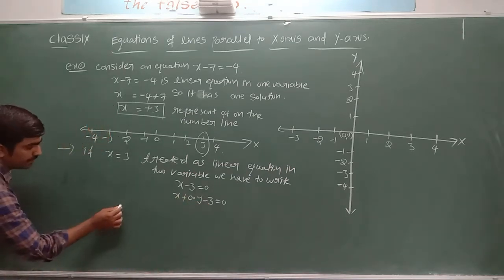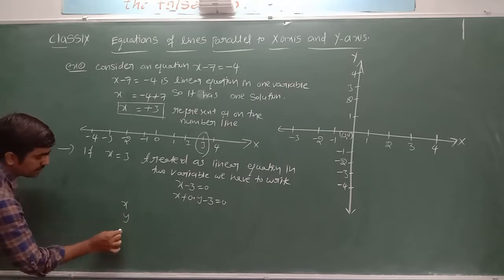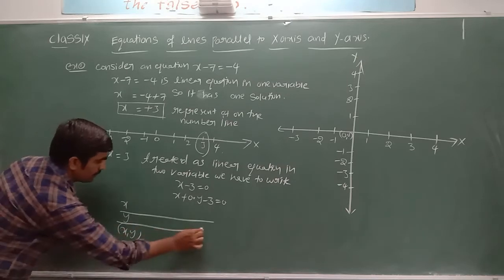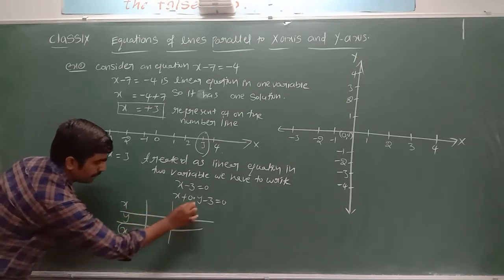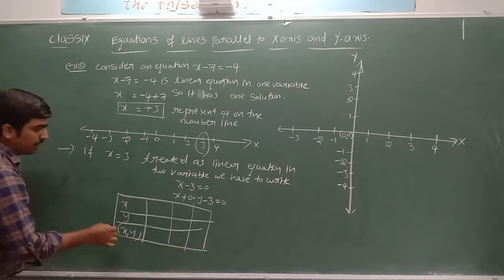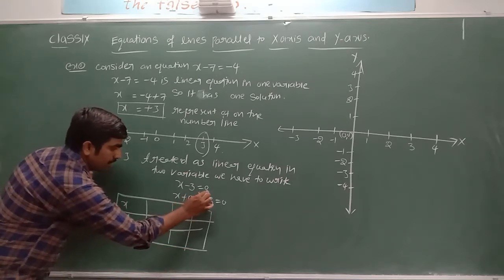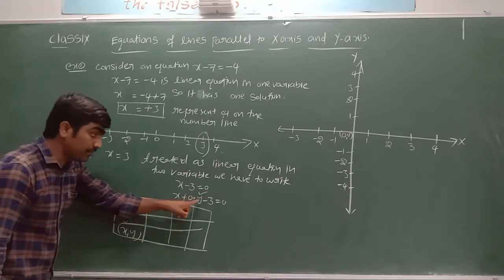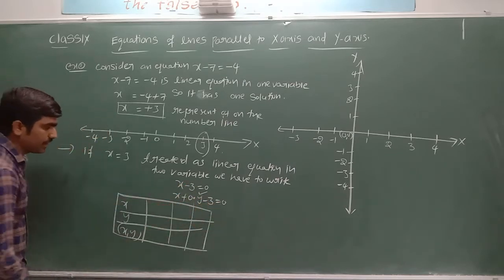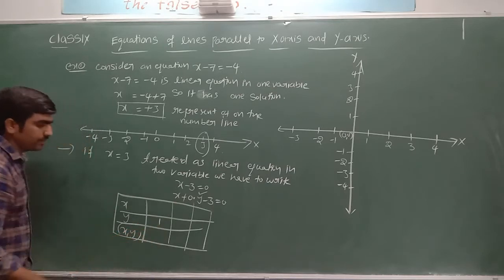So let us draw the table to get ordered pairs, x comma y. Now we will try to find the ordered pairs. See here, the y coefficient is 0, so for whatever the y value, we get the x value the same, which is plus 3. Let me take y is equal to 1.